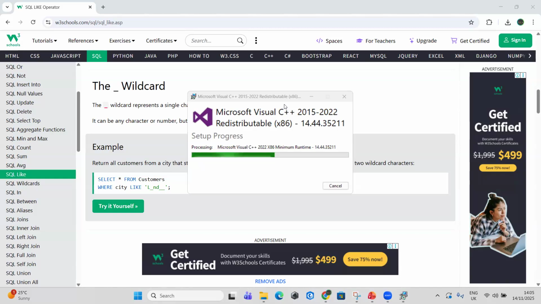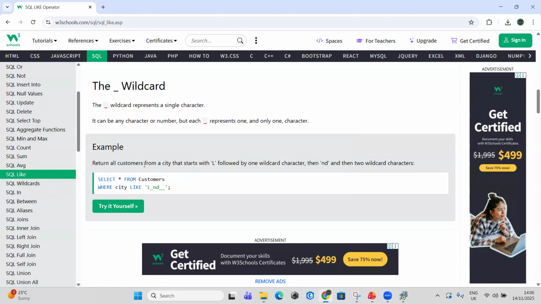Are you also getting Microsoft Visual C? I think I have downloaded that. It takes a little time. Well, we can do the next part here. So you know this one, right?